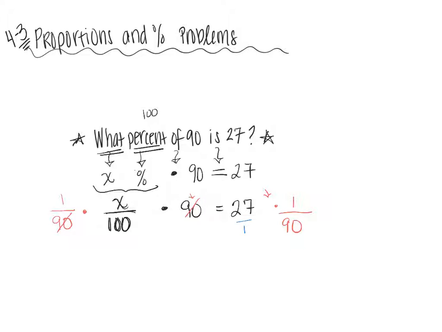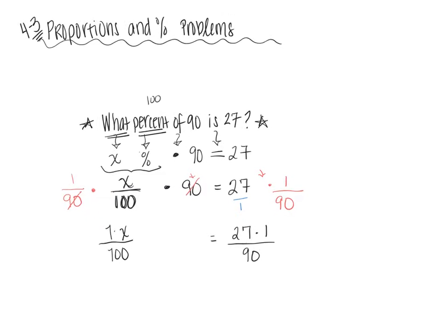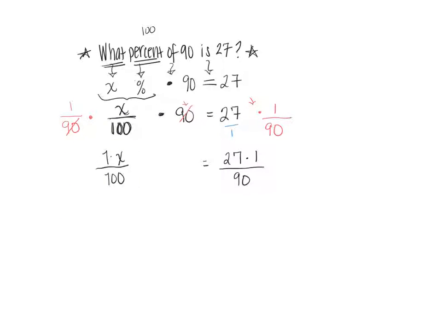Well, I get 1 times x over 100 equals 27 times 1 over 90. And if I simplify this just a wee bit more, I'm going to get x over 100 is 27 over 90.